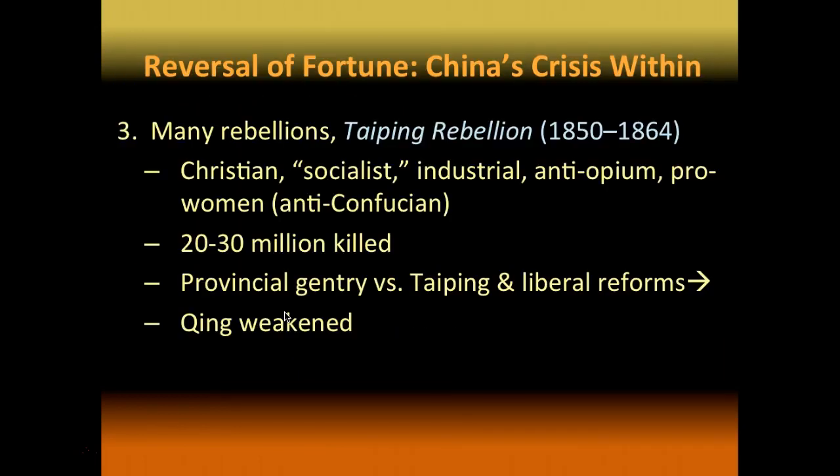There were a lot of rebellions in the 19th century, the 1800s, but the largest by far was the Taiping Rebellion. And this was from about 1850 till 1864.